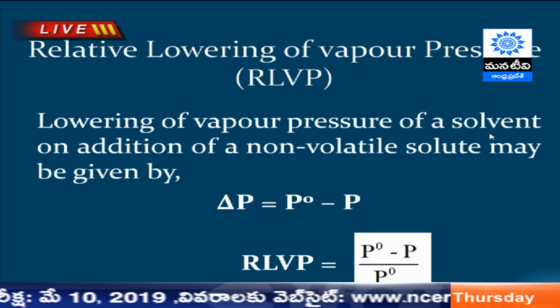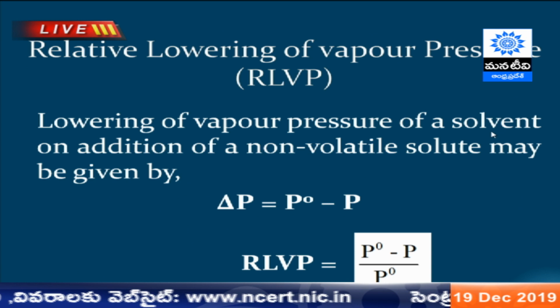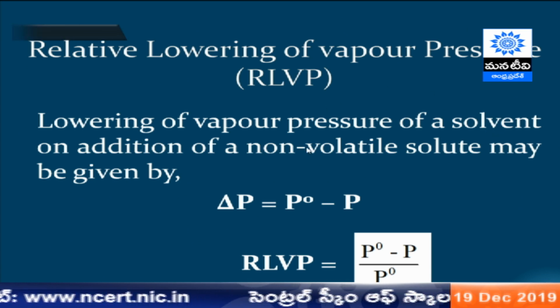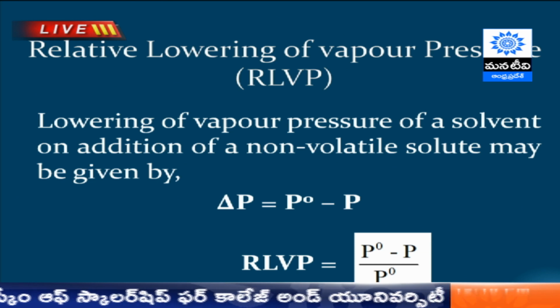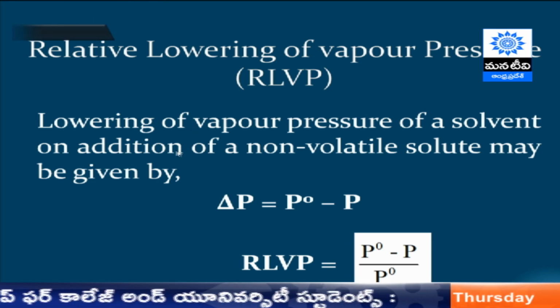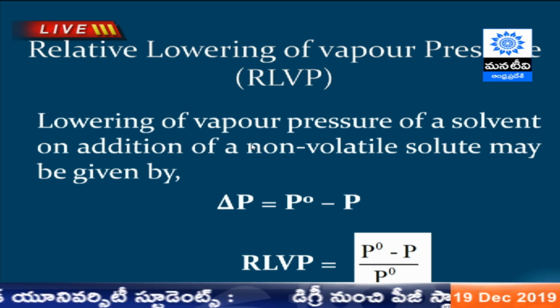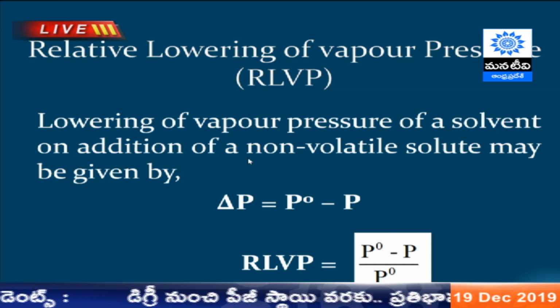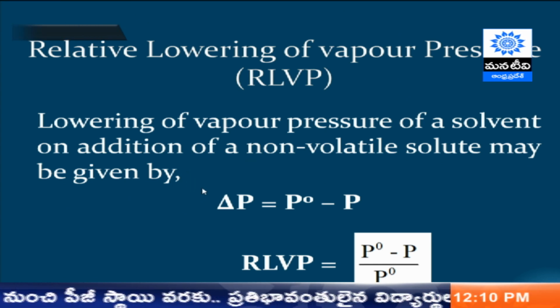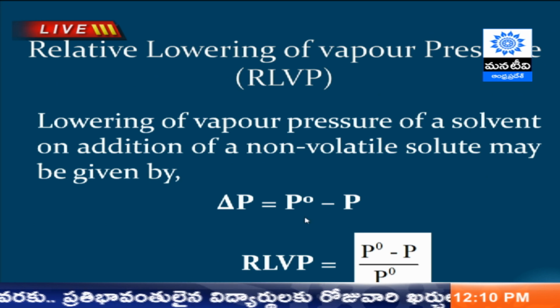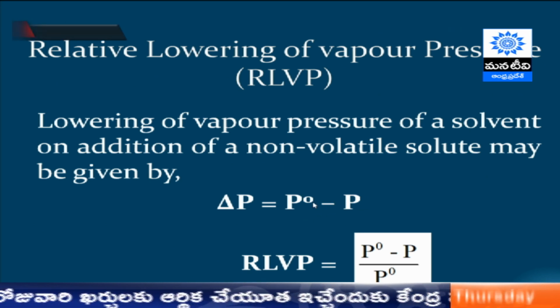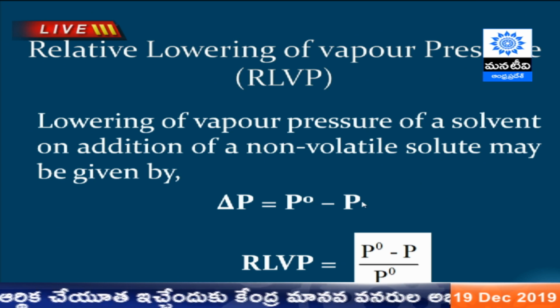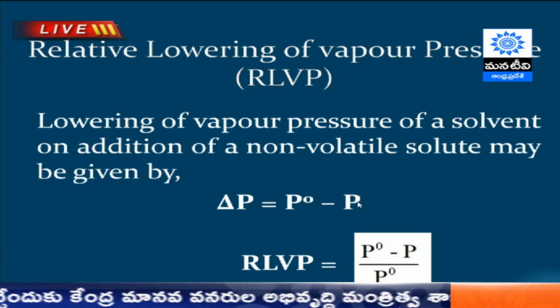Now, let us go to RLVP. When you consider RLVP, there is a lowering of pressure and you relate it to the vapor pressure of the pure solvent. Lowering of vapor pressure of a solvent on addition of a non-volatile solute may be given by delta P = P0 minus P, where P0 is the vapor pressure of the pure solvent and P is the vapor pressure of the solution.